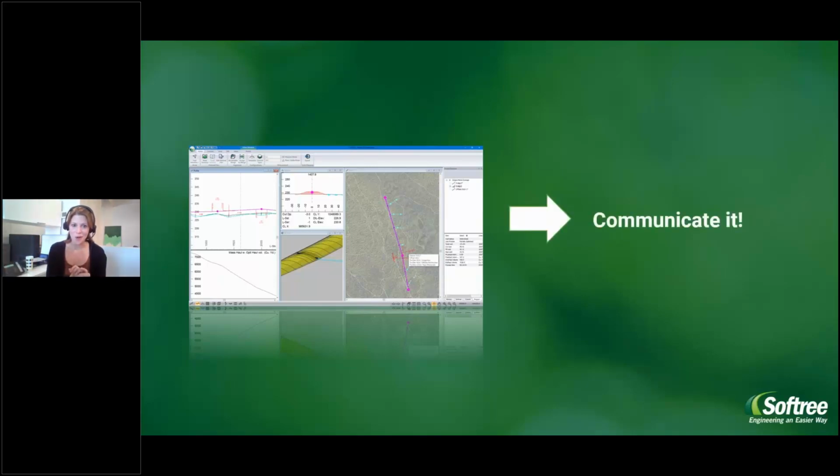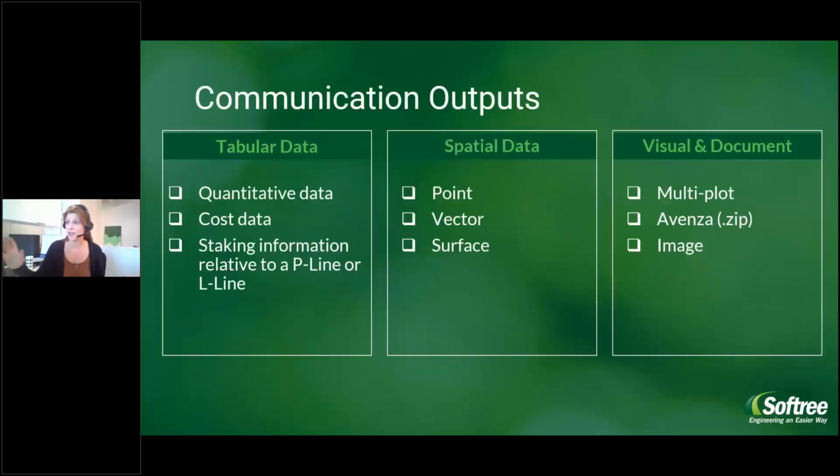So the trouble is there is no one-size-fits-all solution for how to communicate your design. So we're going to talk about a variety of communication options and settings that you can utilize when you go to communicate your road project so that those benefits of design are not lost. Now, there's a whole bunch of different buckets of ways you can communicate your design. You've got tabular data, this could include some quantitative data on cut and fill volumes, or even staking information that you're going to use to go back out into the field with.